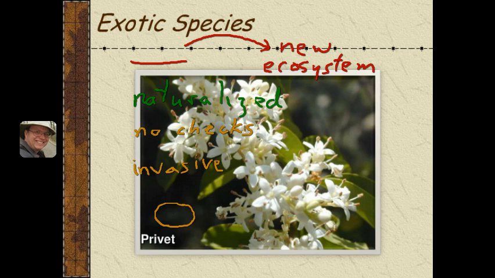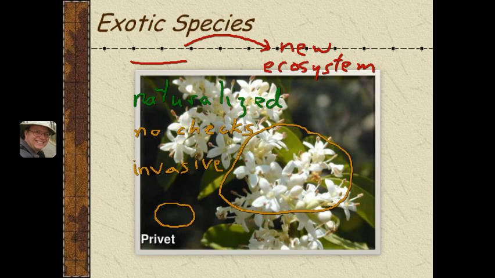Not all exotics are invasive, but the ones that become invasive can really wreak havoc on an ecosystem. Here in southeastern Tennessee, in the Chattanooga area, Hamilton County, this bad boy right here, privet, is probably one of the most destructive invasive exotic species. It alters the landscape, it alters the ecosystems, with tremendous impact.